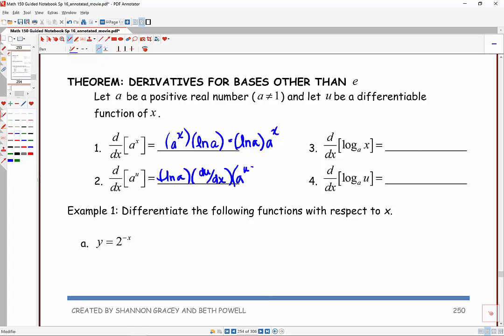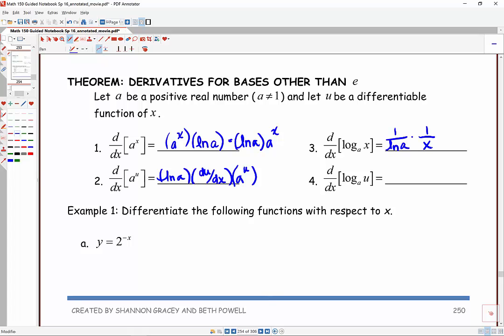Alrighty. Now, derivatives for logarithms. Instead of multiplying by natural log of your base, you divide. So what will happen is you'll have your 1 over natural log of your base a, right? And then times 1 over x. Okay?